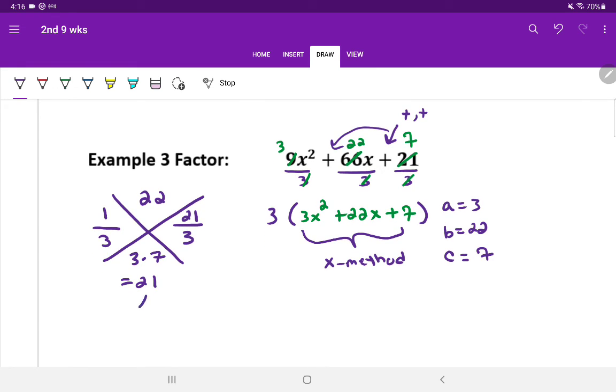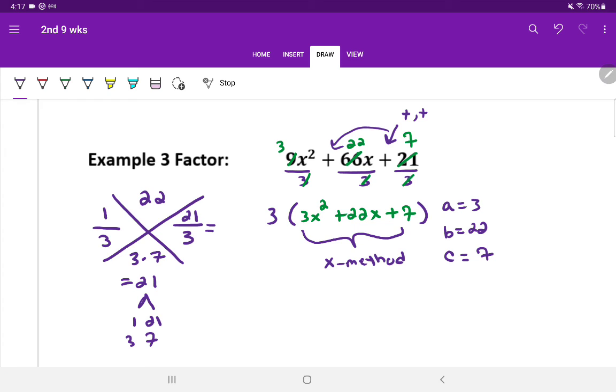If you make a tree of 21, 1 times 21 is 21, the same as 3 times 7. A lot of students will try to use 3 and 7, but you can't get it to add up, and they just forget about using 1. If we take the sum of 21 and 1, that gives me 22. So 1 times 21 is 21, and 1 plus 21 gets us 22. That figures out our factors.